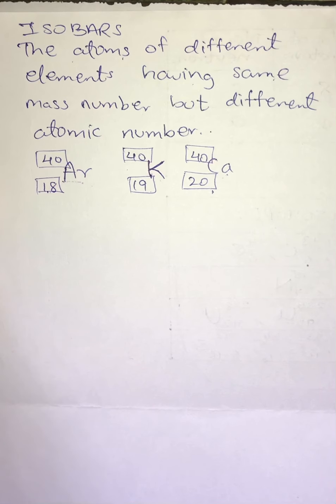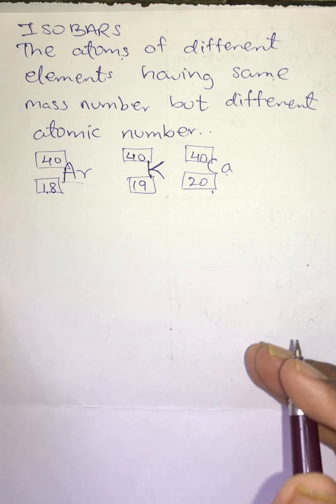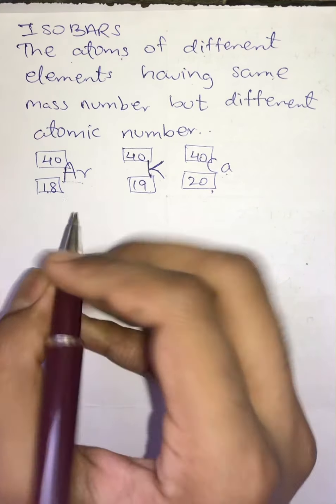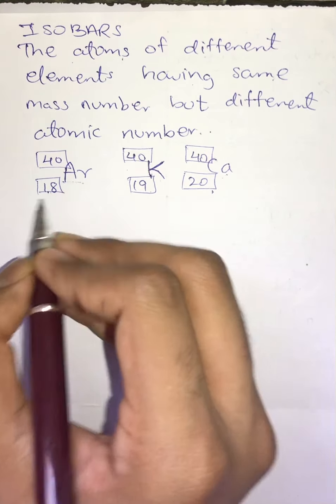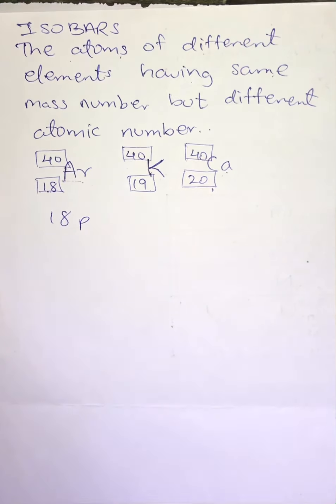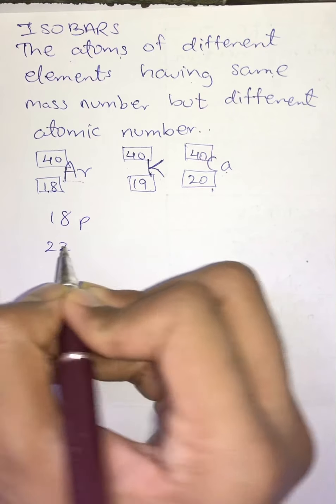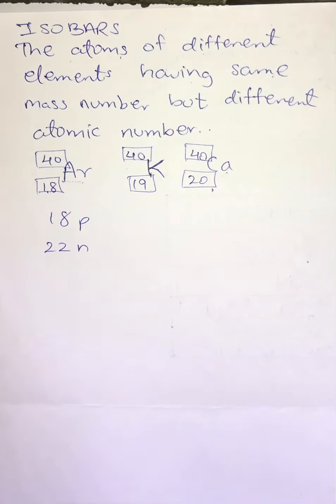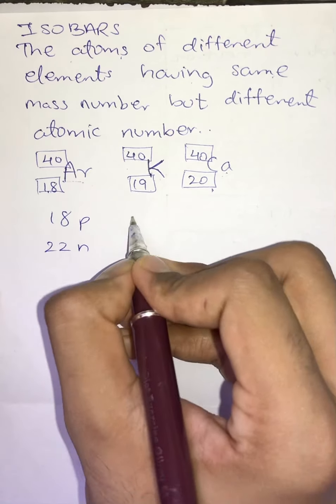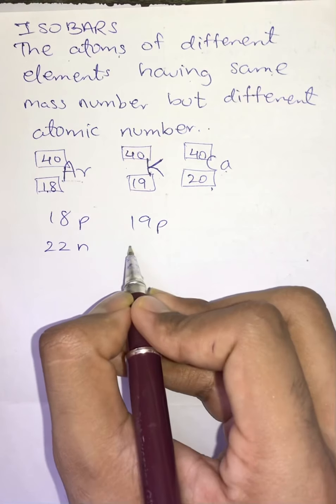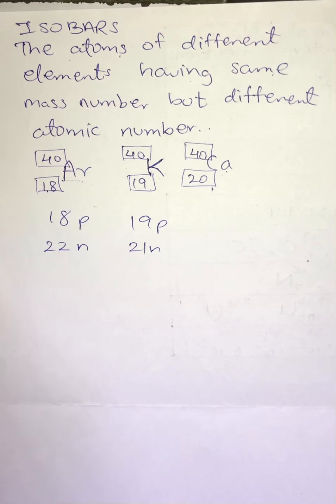So guys, here we don't have a second definition like the number of protons is same or the number of neutrons is different. Here if you want you can see what is the number of protons, 18 protons in argon, then 40 minus 18 will give you what, 22 neutrons. Here there are 19 protons and 21 neutrons.